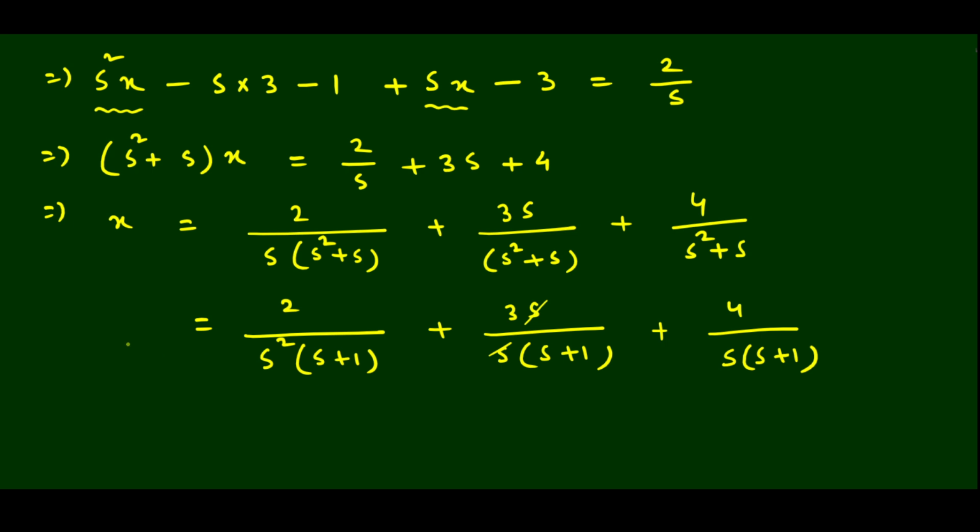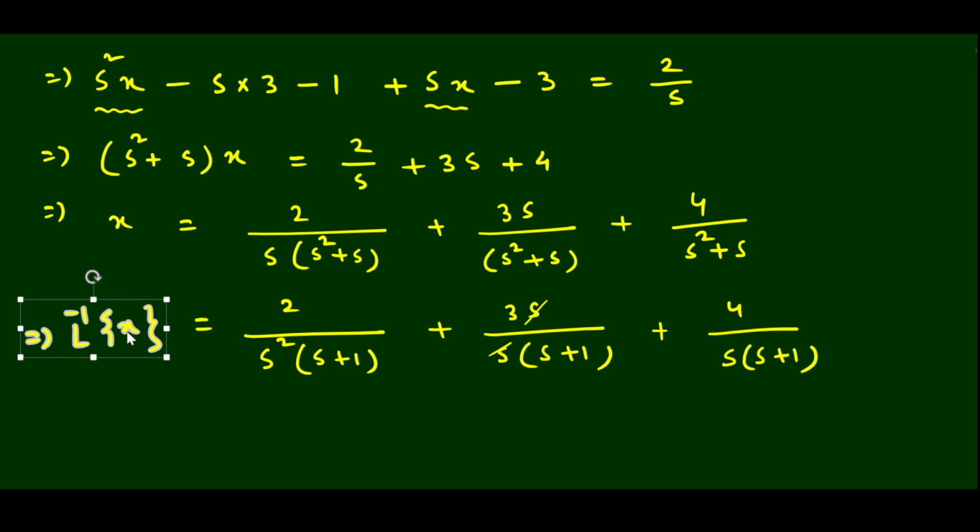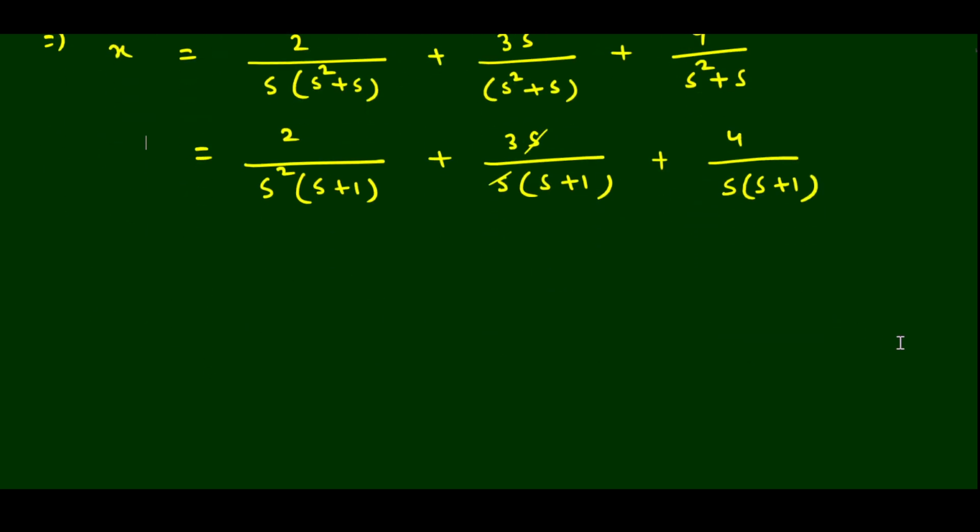So after that, what to do? We have to take inverse Laplace on both sides, right? So the left hand side is what? Small x. Now if we take inverse Laplace, it will be L inverse of X. Now let us write another line. So we take inverse Laplace on both sides.